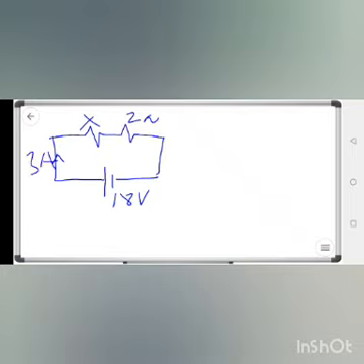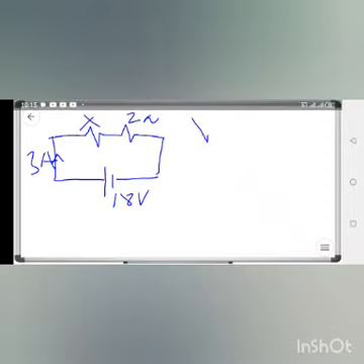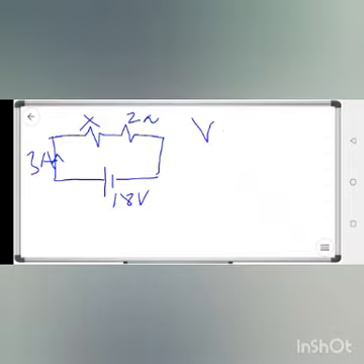So now, to use the concept of voltage drop, remember that the total voltage V is equal to the voltage drop across the first resistor plus the voltage drop across the second resistor. If I know the voltage drop across the second resistor V2, I should be able to know V1 since the total voltage V is 18.